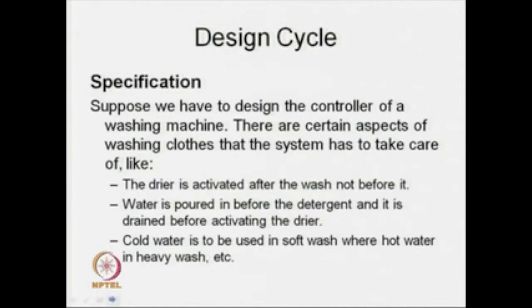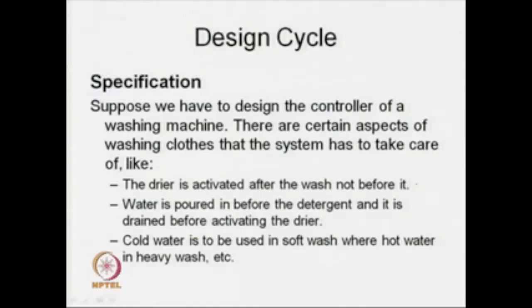Say we are going to design a controller for our washing machine. Our controller should satisfy some properties, and these properties or specifications can be stated as: the dryer is activated after the wash, not before.